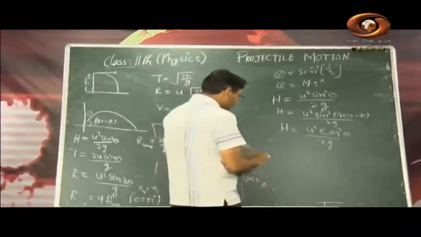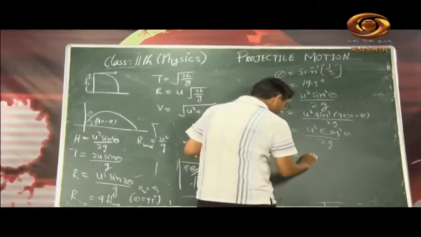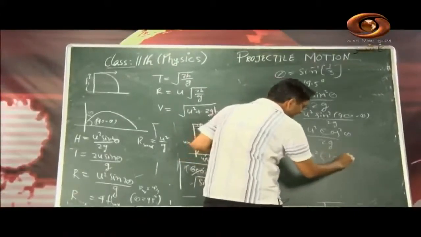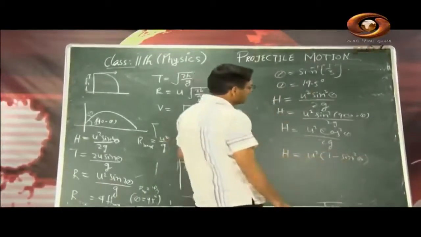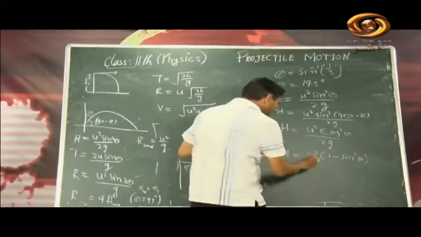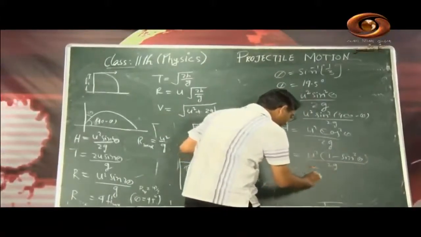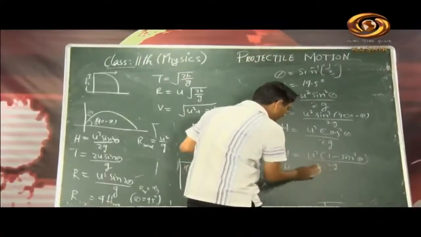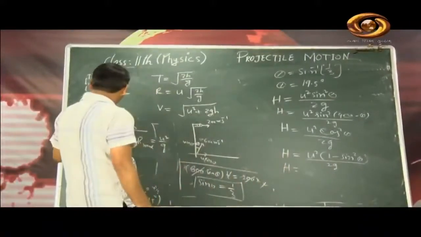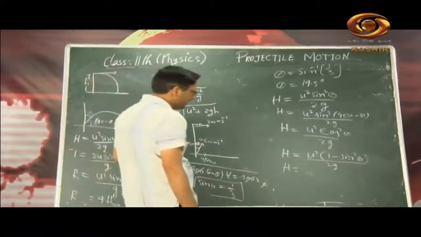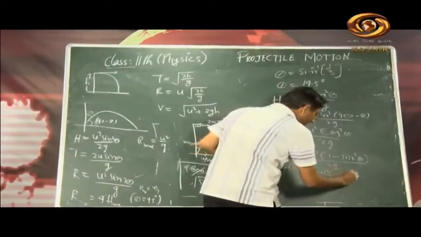So h is equal to u square cos square theta divided by 2g. Cos square theta is 1 minus sin square theta, since sin square theta plus cos square theta is equal to 1. So h is equal to u square, where u is the initial velocity with which it has been projected, around 200, so 200 whole square, times 1 minus sin square theta.